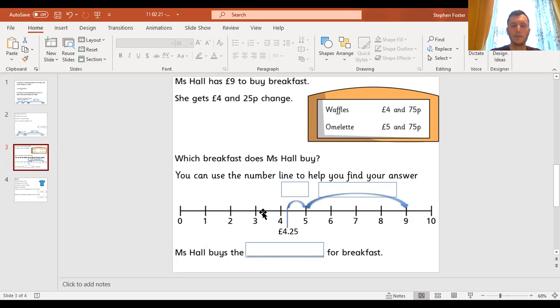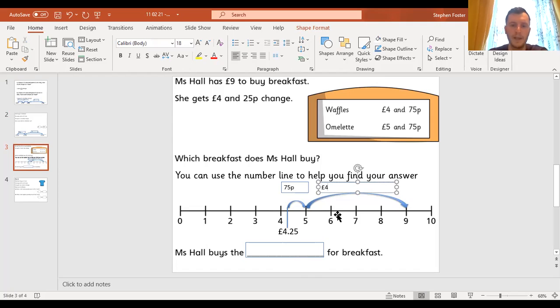So let's have a look, and let's use our jumping on strategy again. She starts at £4.25 because we're trying to work out the difference between £4.25 and £9, which is what she spent. So jumping forward from £4.25 to £5, that is a jump of 75 pence. Now at £5 to get to £9, that is a jump of £4.